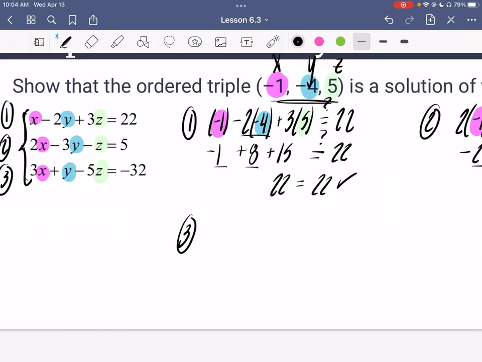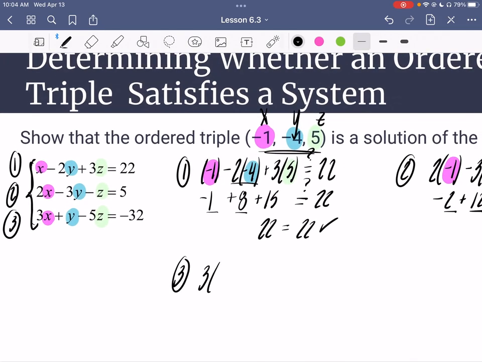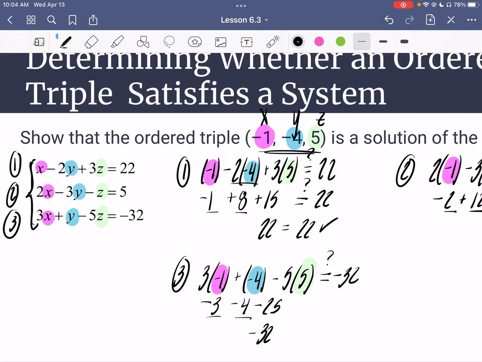Okay, last but not least, let's test the third equation. So 3 times x plus y minus 5 times z, does that in fact equal -32? Again, here's my x, here's my y, here's my z. Okay, so I get -3 minus 4 minus 25. -3 minus 4 is -7, and -7 minus 25 is in fact -32.